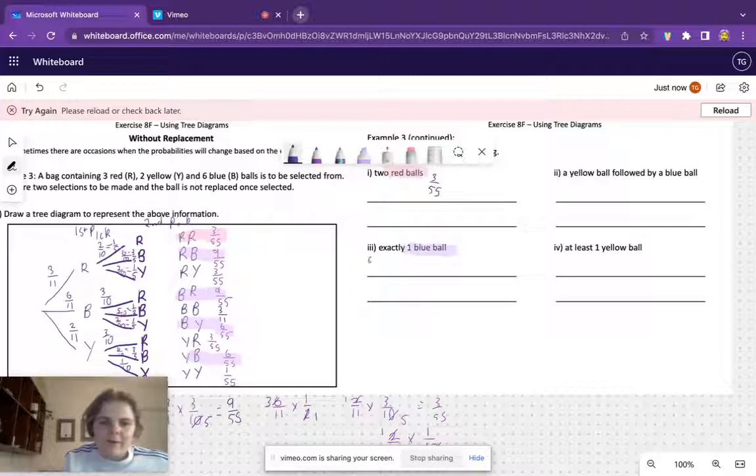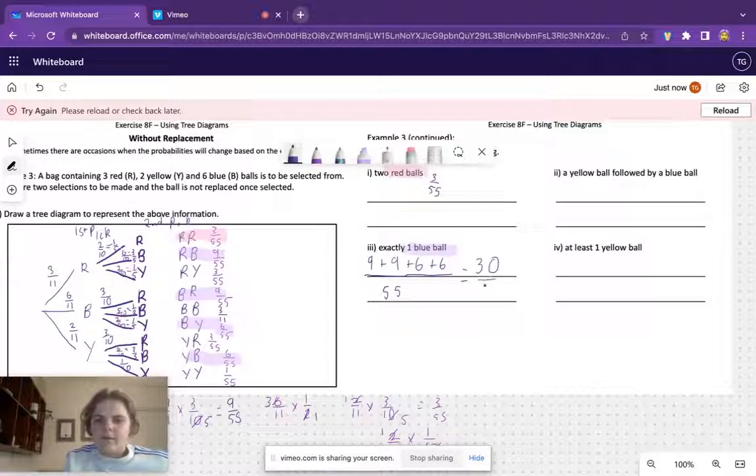So we're going to add these probabilities up for the different options. 9 plus 9 is 18. 6 plus 6 is 12.